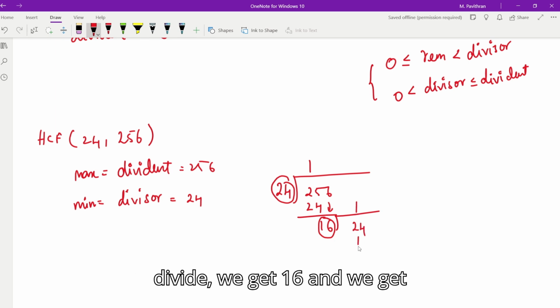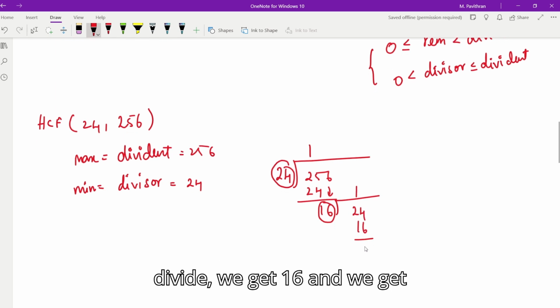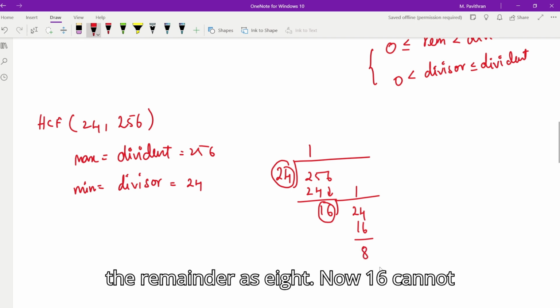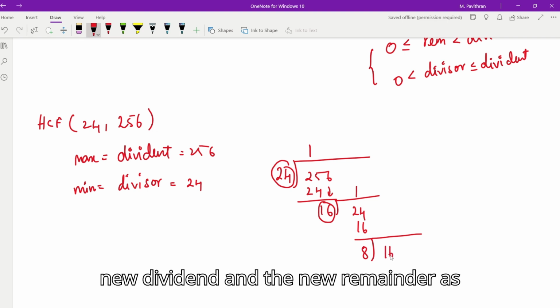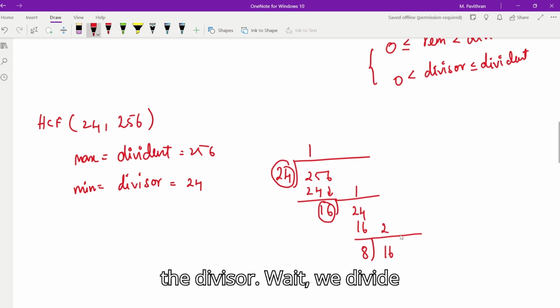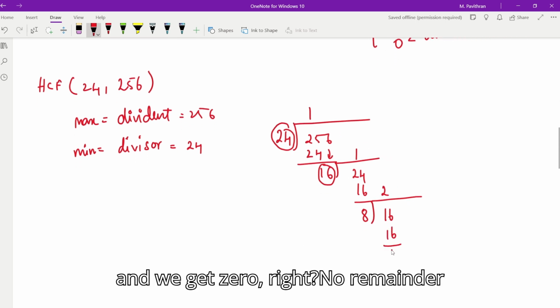Now we'll divide 24 by 16, and we get the remainder as 8. Now 16 cannot divide 8, so we make the old divisor the new dividend and the new remainder the divisor, right? We divide and we get 0, right? Now the remainder is 0.